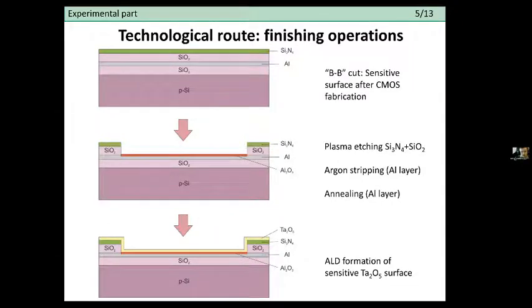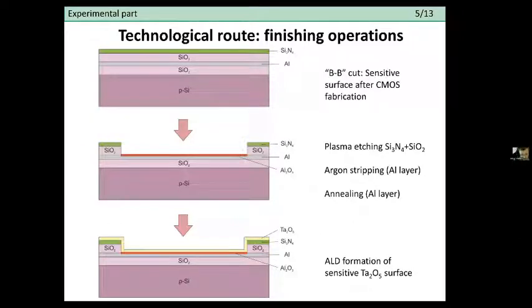Then, after plasma etching of the passivation, we have argon stripping of the top part of the aluminum layer, and then annealing of this aluminum layer to form aluminum oxide. And then we have formation of the sensitive surface, in this case, tantalum oxide. So let's take a closer look at each of these operations.